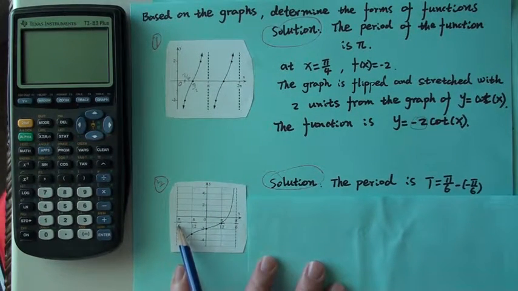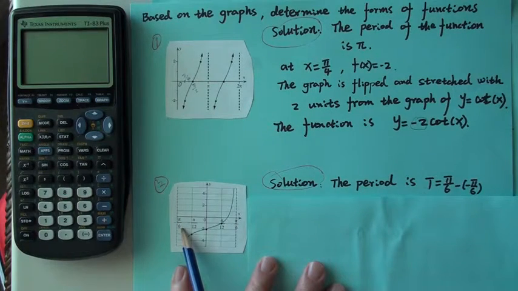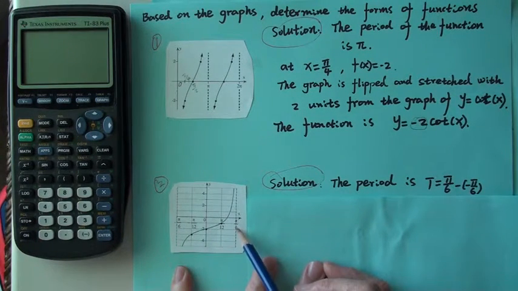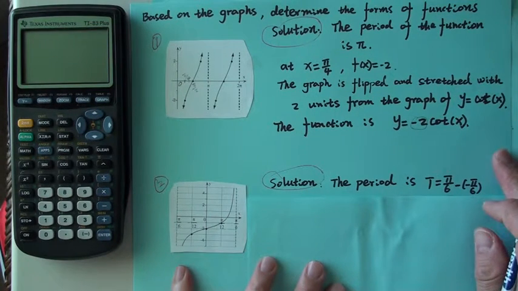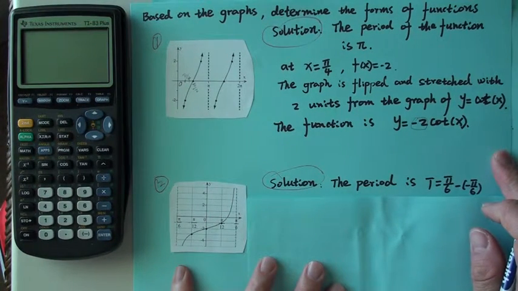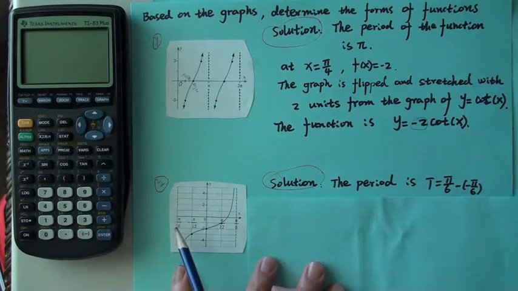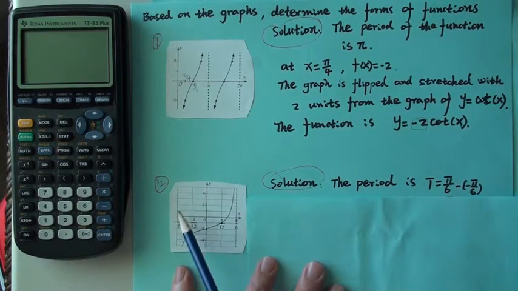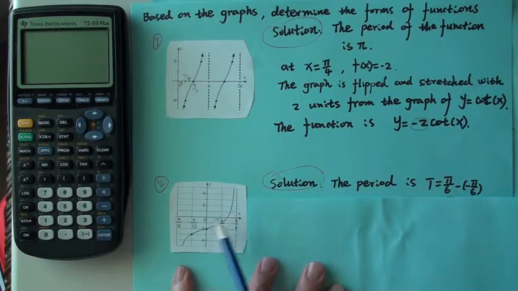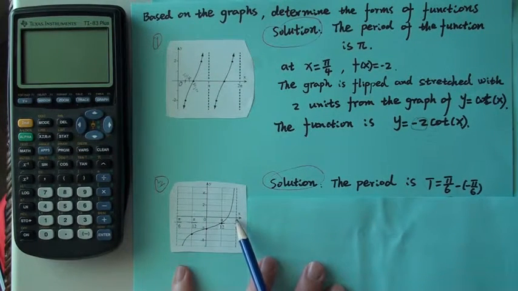Now, look at this one. This one is from negative pi over 6 to positive pi over 6. And then we know this will complete one period from this point to this point. So how long is this one? Because this is one period, it's the distance between this point and this point.